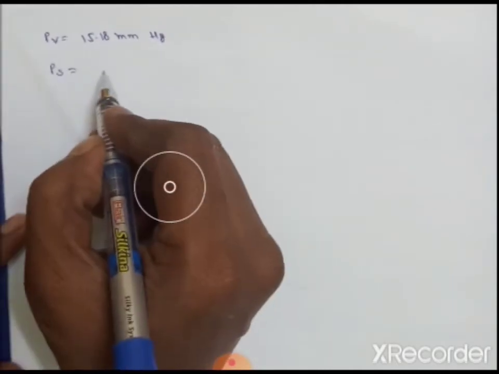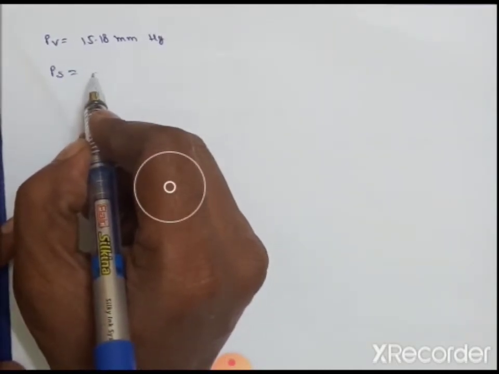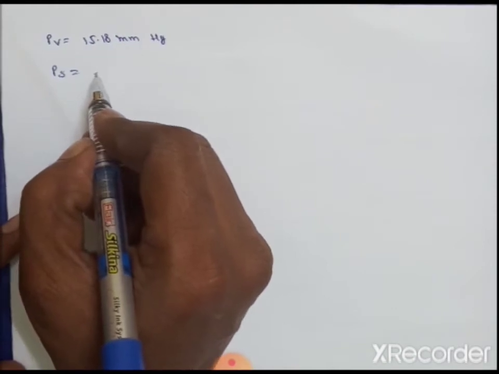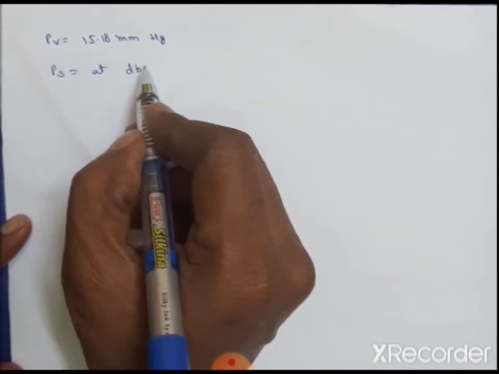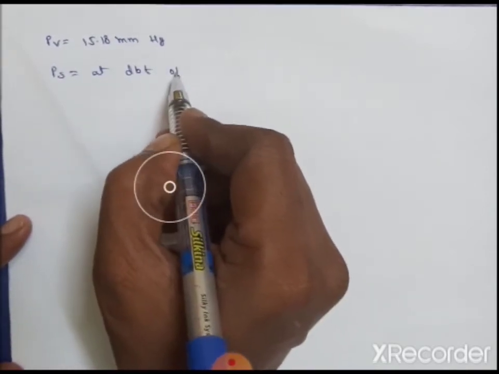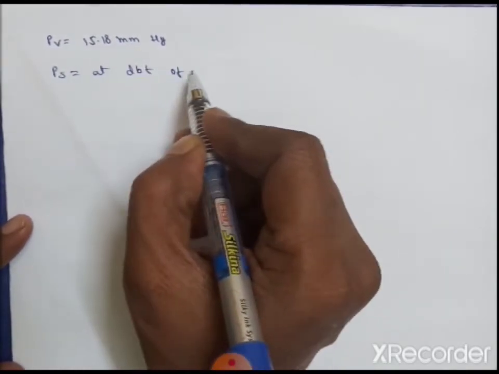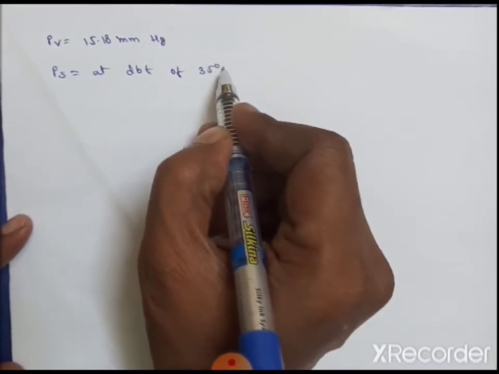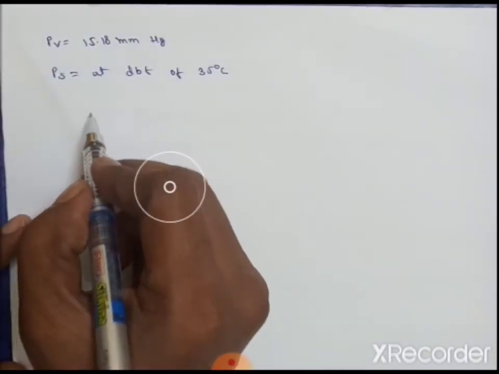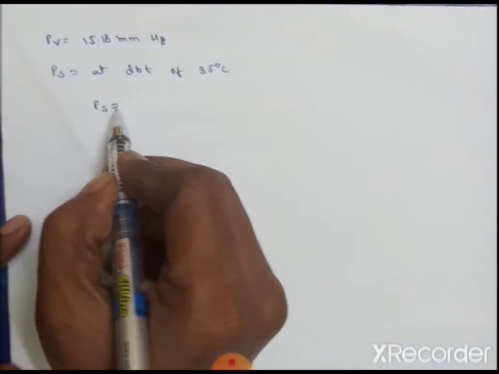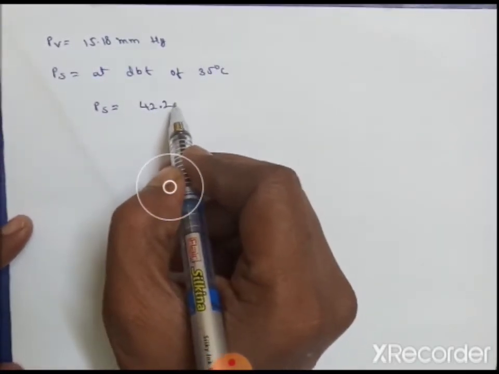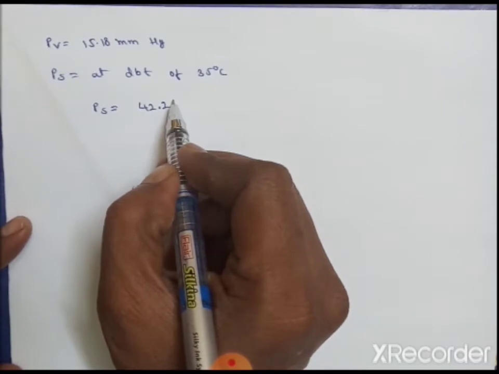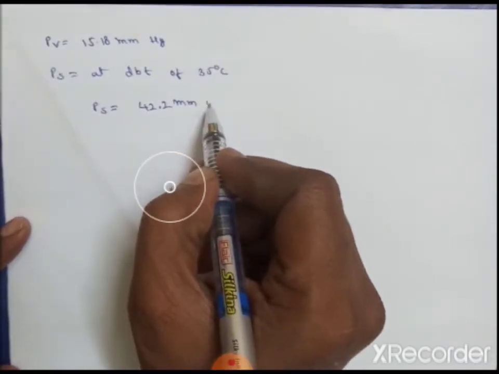The PS value is at the dry bulb temperature of 35 degrees centigrade. From the steam table, the PS value is equal to 42.2 mm of Hg.